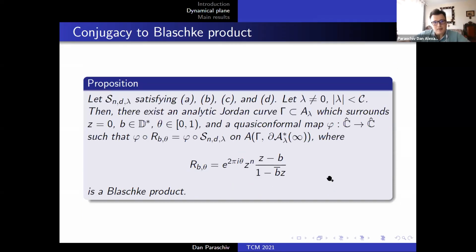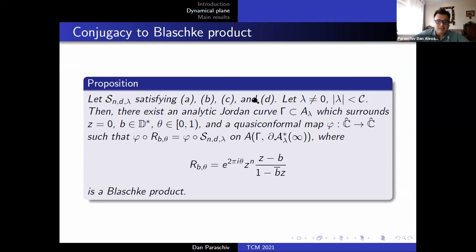Now, recall that the family that Jody Candela has studied before is a perturbation of a finite Blaschke product. We have the following proposition in our case. Let S and D lambda satisfy all the necessary conditions, and let lambda be of modulus small enough.